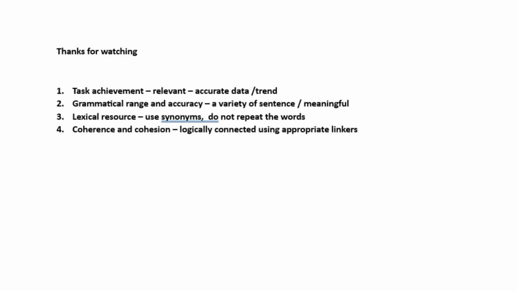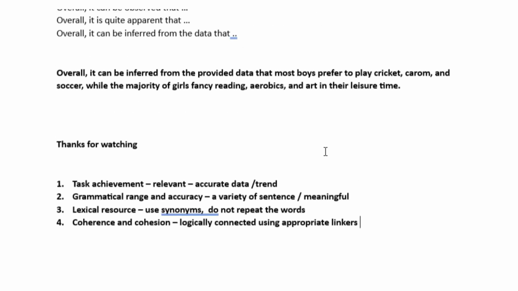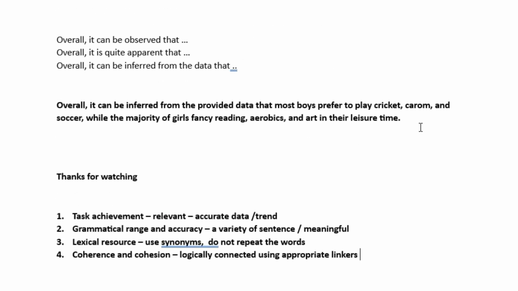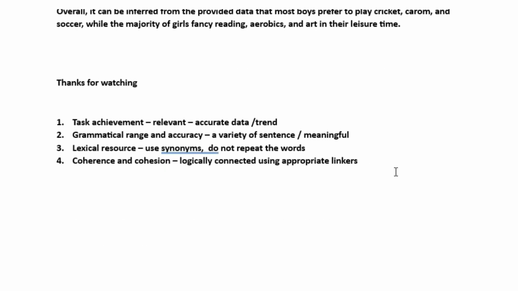So these are the four main criteria on which you have to score. 25% of the marking will come from every criteria. If you go back, you would see there is a range of sentences used, no word is repeated, and in the case of the overview, the trend is accurately described.